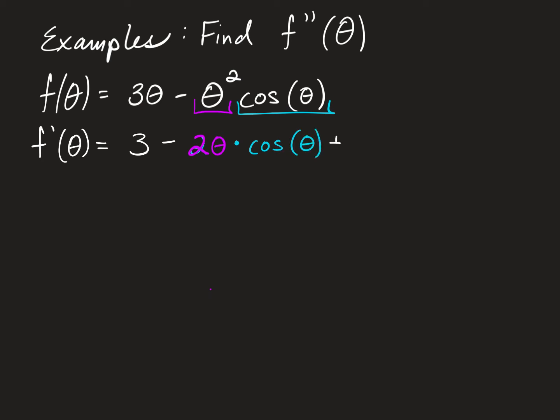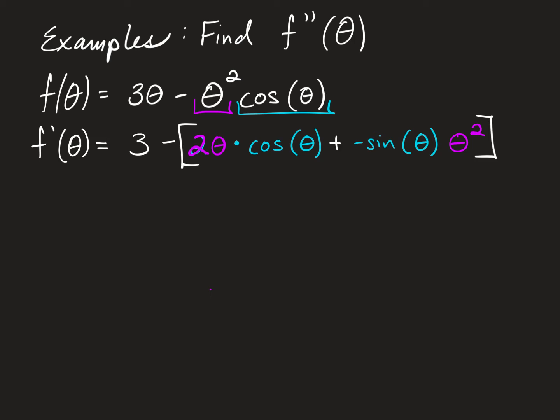plus the derivative of the second times the first. And since this product is coming after a subtraction, we will need to make sure that this is all within brackets, because when we take the derivative, we are subtracting the derivative of this entire term. And the derivative of this entire term is right here. So we have to keep that subtraction there.